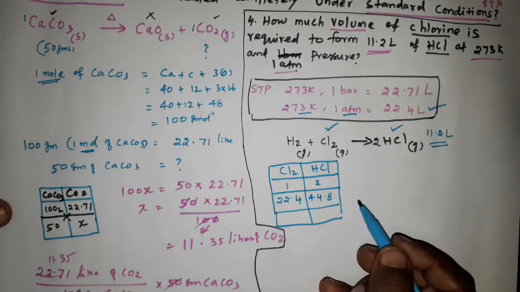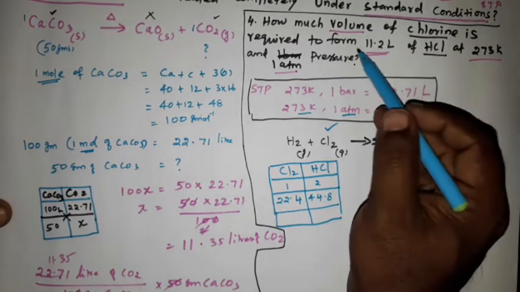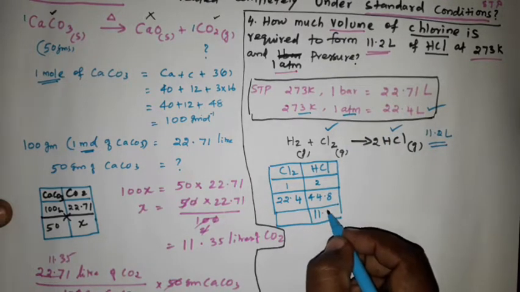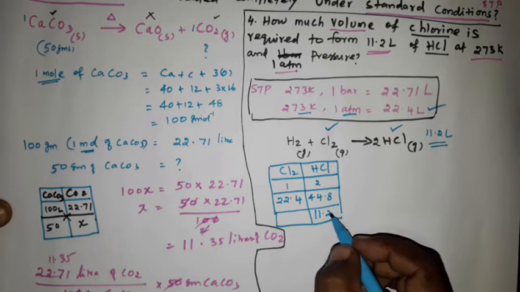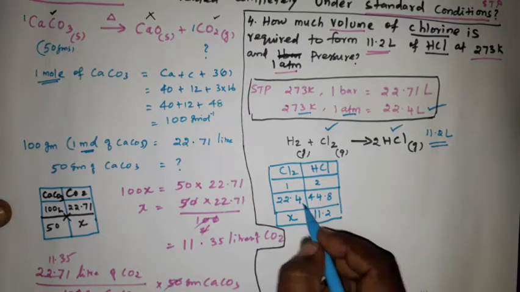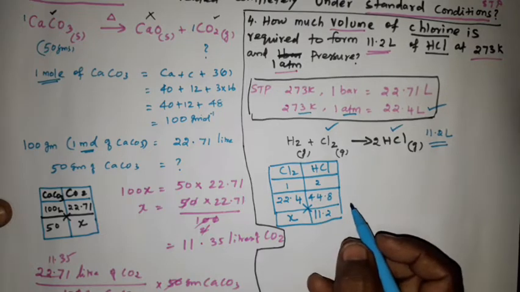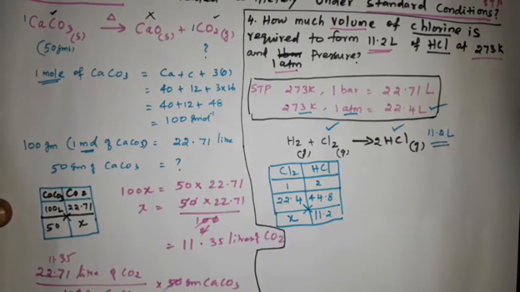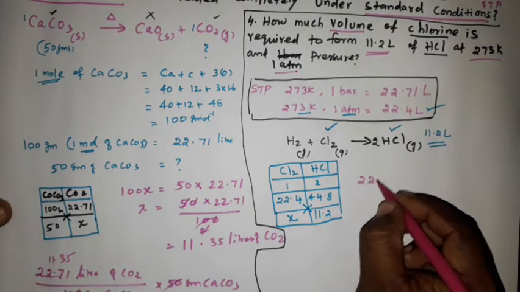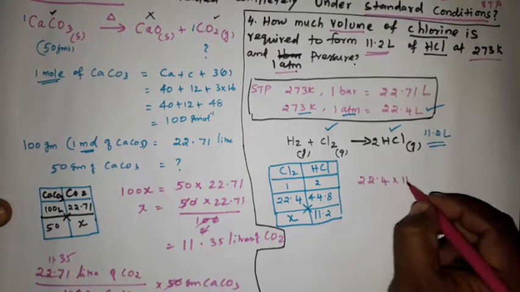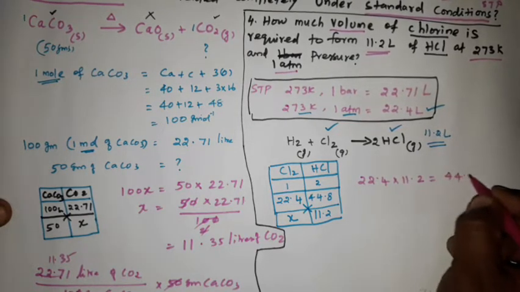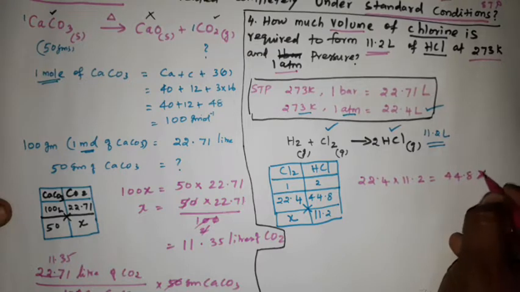Now according to the question, to form how much volume of HCl? 11.2 liter. So how much chlorine is required? That is the question. So make cross multiplication. Then how much will it come? 22.4 into 11.2 equal 44.8 into x. Clear?